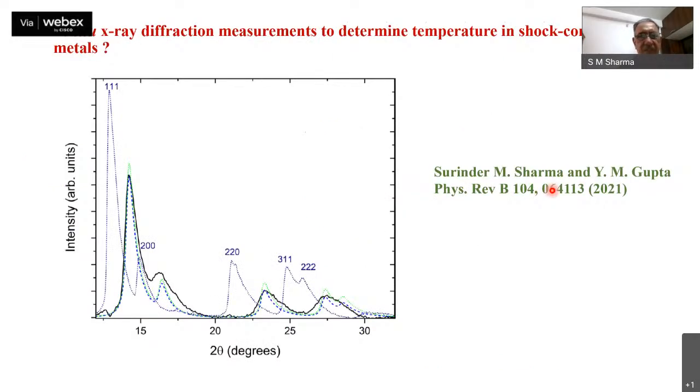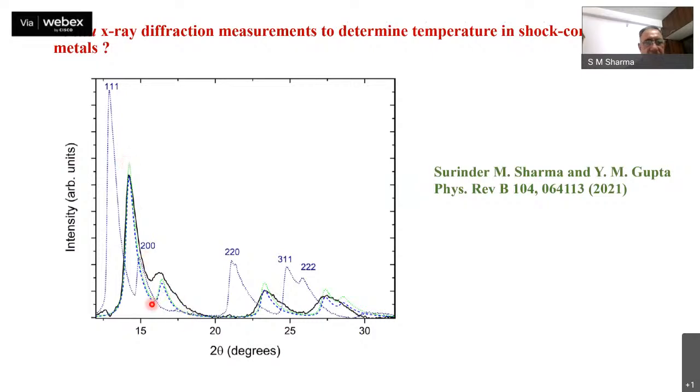So we evaluated the possibility of whether the Debye-Waller factor based reduction in the intensities of the XRD could be used for estimating the temperature. It looked very enticing. However, our detailed analysis, specifically on copper and gold and platinum, showed a fundamental problem which is unique to shock compression: the texture of the material, the foil, changes as it is shocked.